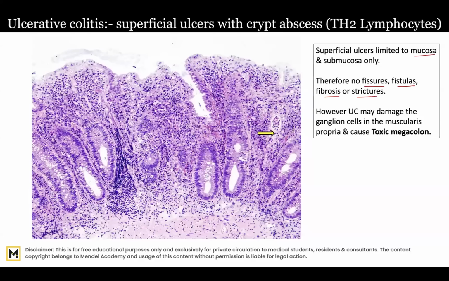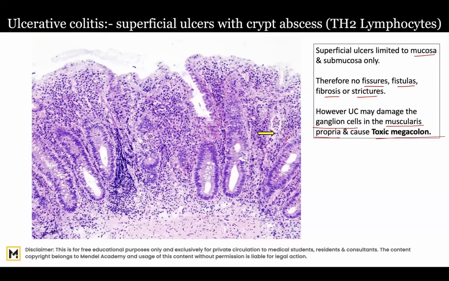However, it can go up to the level of the muscularis propria and damage the ganglion cells, the myenteric plexus in particular, and cause what is called toxic megacolon. We'll see some images as we go along. But remember these basic differences.